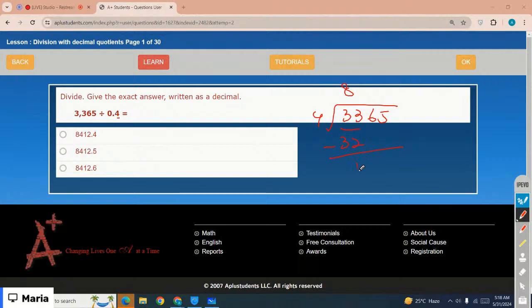33 take away 32 is 1. Bring the next digit down. 4 times 4 is 16, right? You need to bring 0 over here. Now you have to move the 5 down. So you can go for 4 times 1 is 4. 5 take away 4 is 1, right?